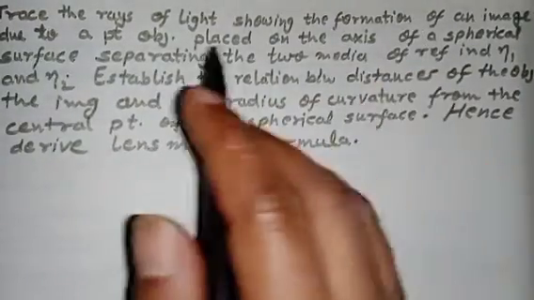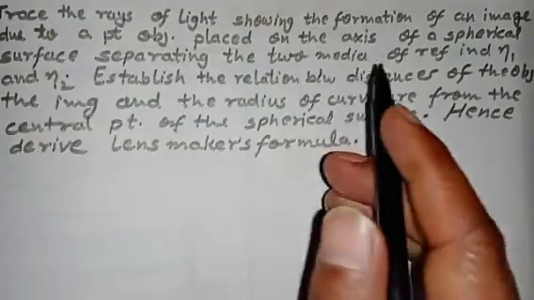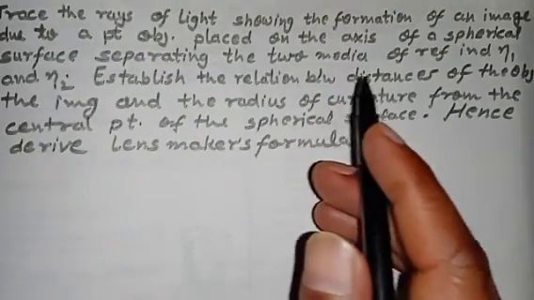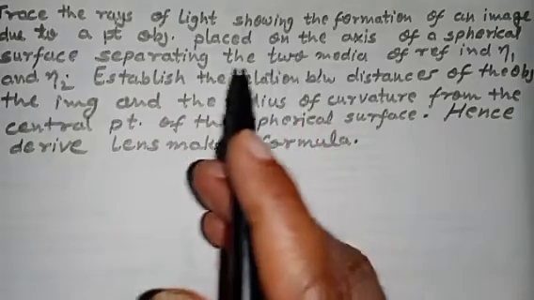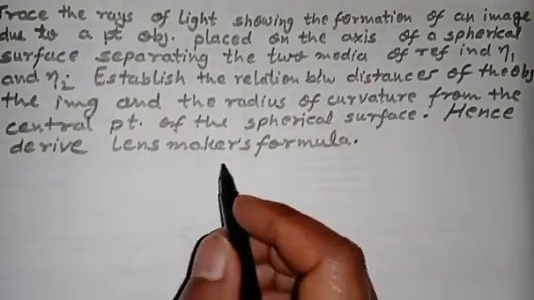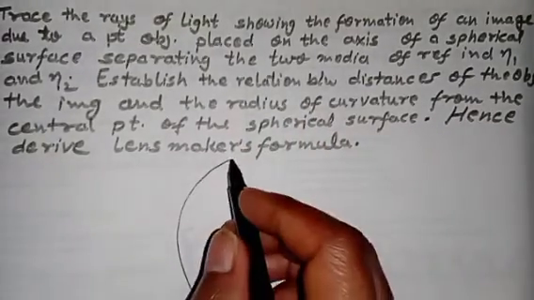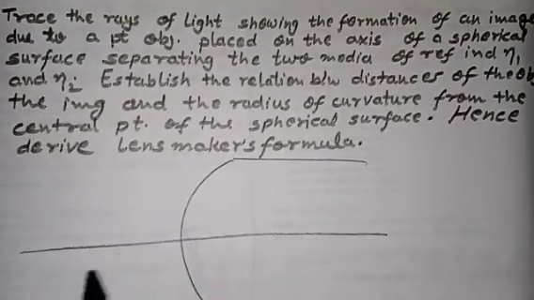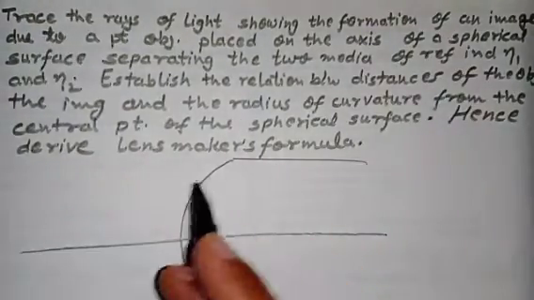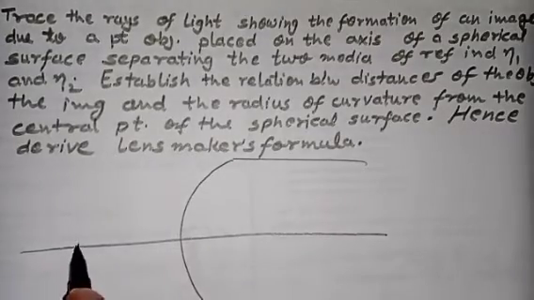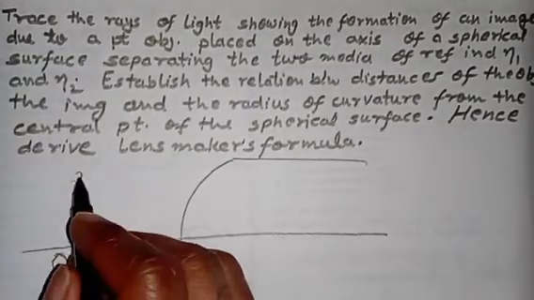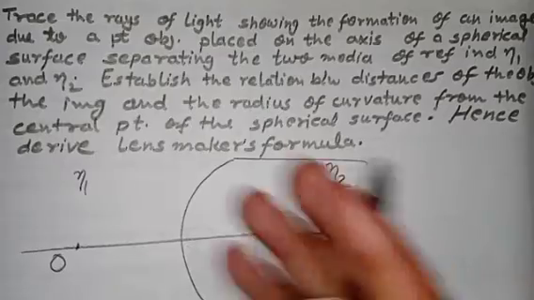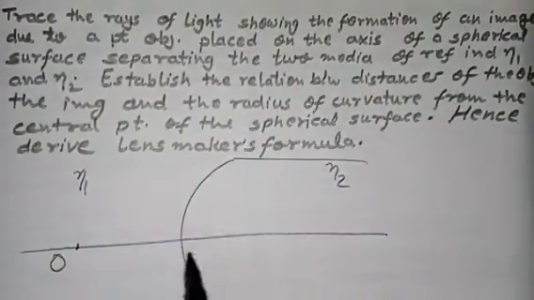So they are asking about a point object placed on a spherical surface separating two media of refractive index eta 1 and eta 2. So it is something like this, and they are just saying spherical surface, so you can either draw convex surface or concave surface. Here is object, this is eta 1 medium, this is eta 2, that is totally up to us.